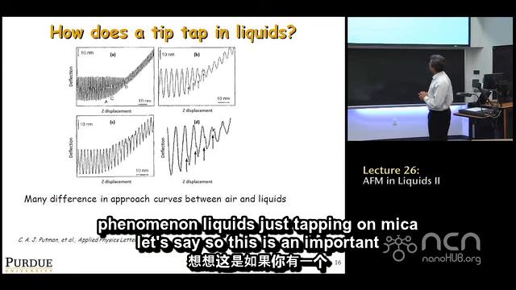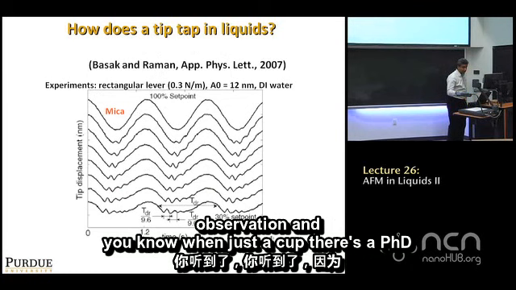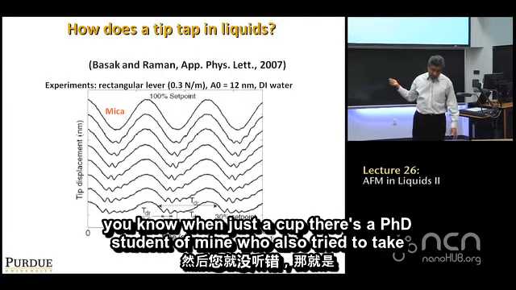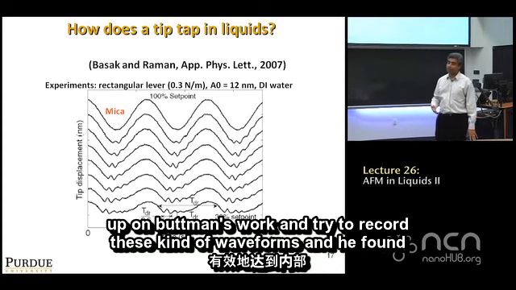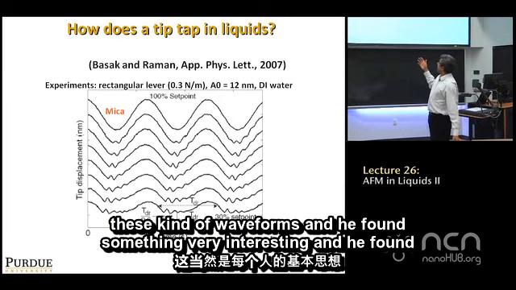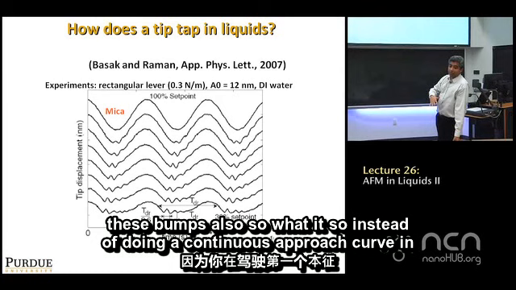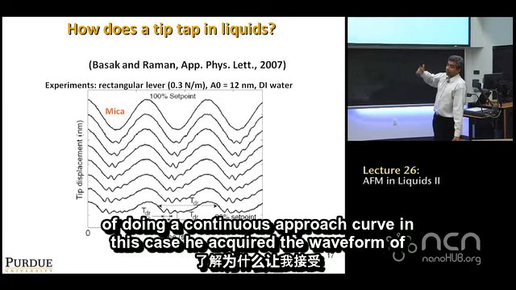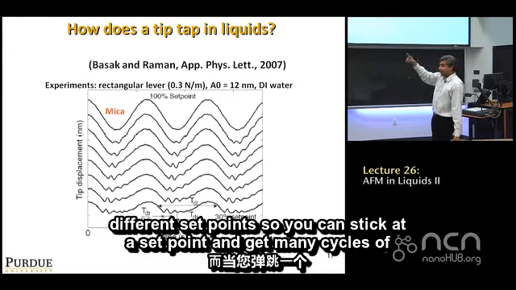So this is an important observation, and there was a PhD student of mine who also tried to take up on Putman's work and record these kinds of waveforms, and he found something very interesting. He found these bumps also. Instead of doing a continuous approach curve in this case, he acquired the waveform at different set points, so you can stick at a set point and get many cycles of oscillation.